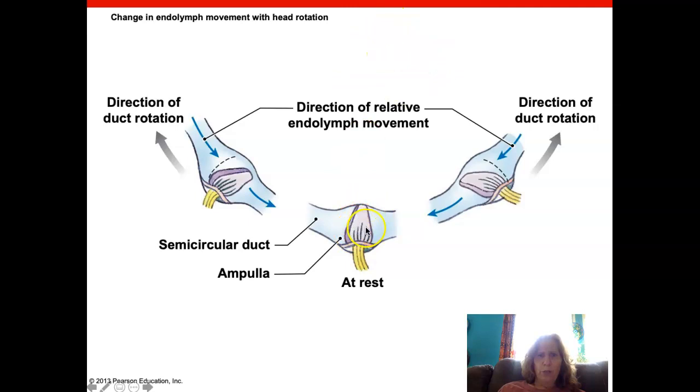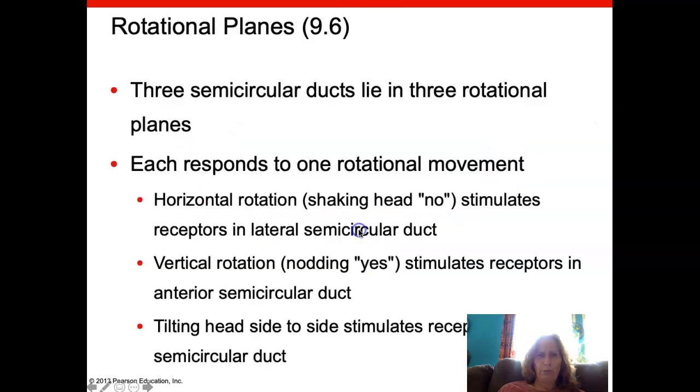So in your ampulla, this is your cupula, this is your hair cells, and movement is going to cause stimulation of those hair cells. So each one of those semicircular canals responds to one rotational motion, such as shaking your head no, nodding your head yes, and then tilting your head side to side. Those are the motions that are detected by the semicircular canals.